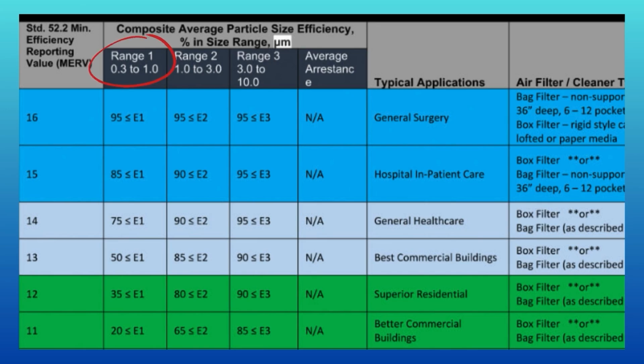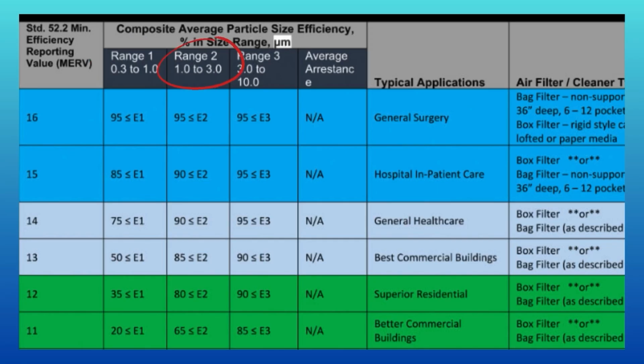On the left-hand column is the range, the first range number 1, okay? And it is particles that are what we call nanoparticles, so those ultrafine particles from 0.3 to 1 microns. So that would be our buddy the coronavirus is a nanoparticle.